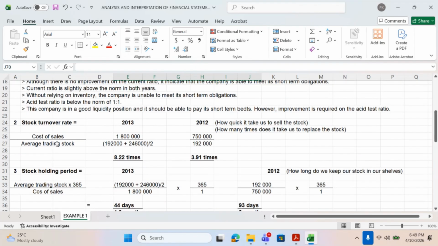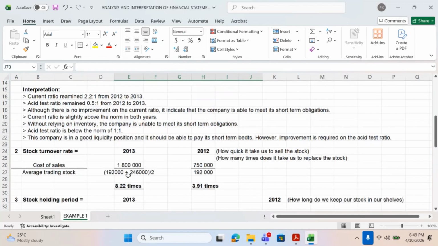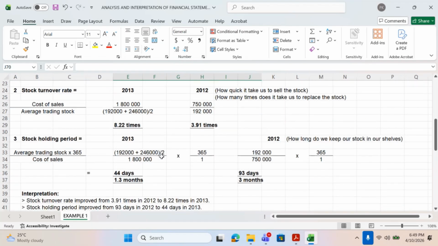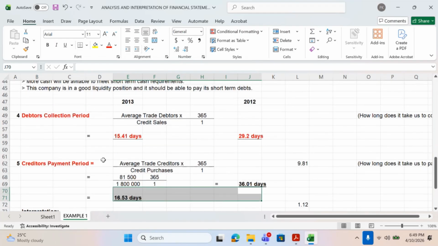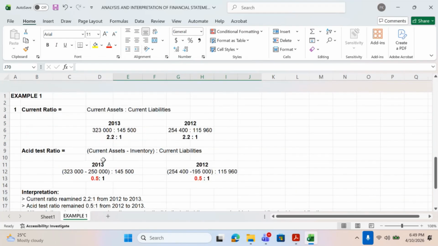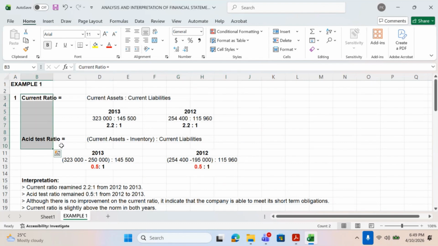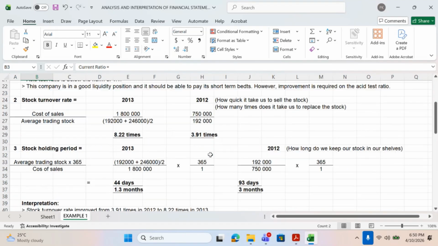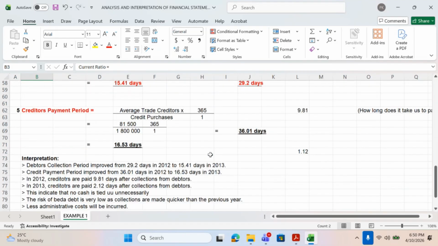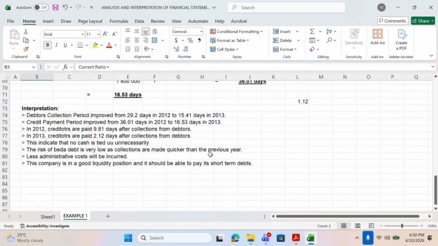Again, stock turnover rate and stock holding period have a relationship. So your comments should cover them both at once. Even current ratio and acid test ratio have a relationship. So that is the strategy of dealing with them both at once, because they are related, which is something important.